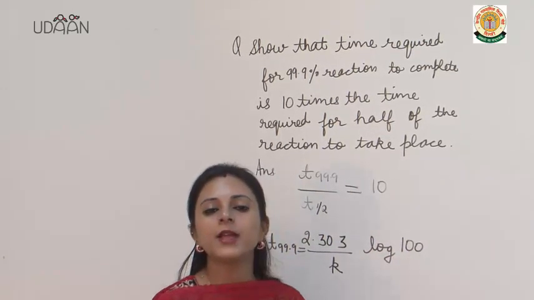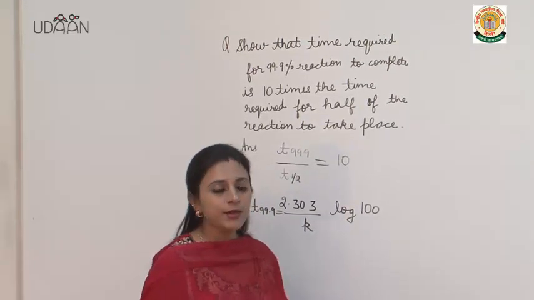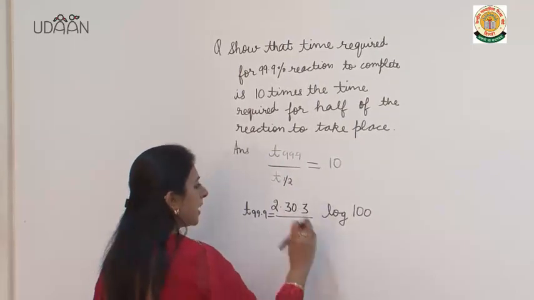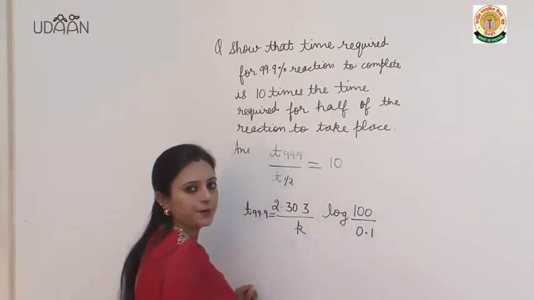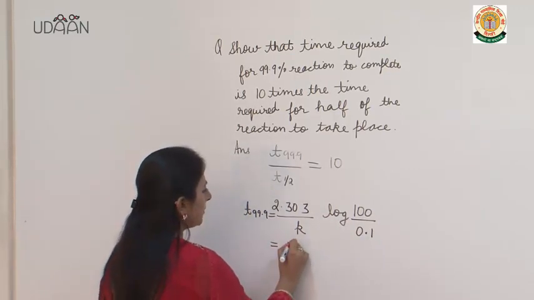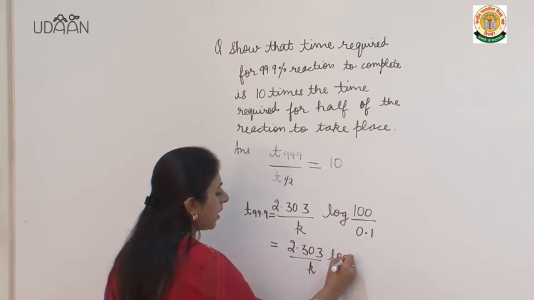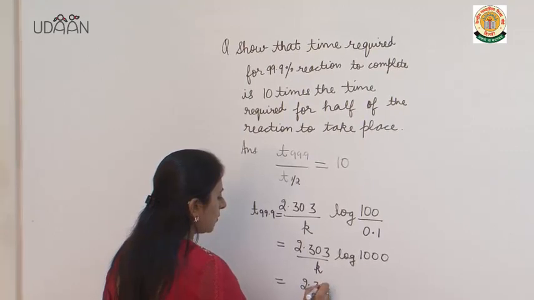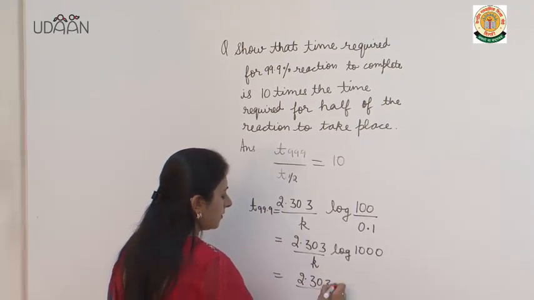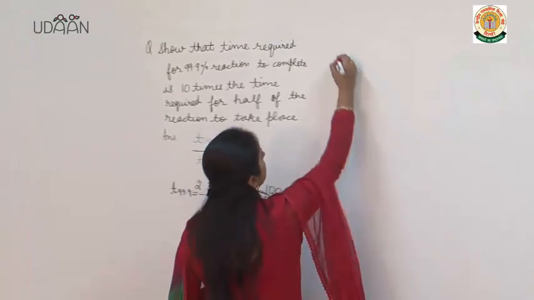A is the reactant left after the reaction has taken place. तो 99.9% complete हो गया, इसका मतलब बच कितना गया? 0.1. तो जब हम इसको सॉल्व करेंगे, what will we get? We will get log 1000. And what is log 1000? It is 3. So what we get? We get this. Now let us find out what is T half.